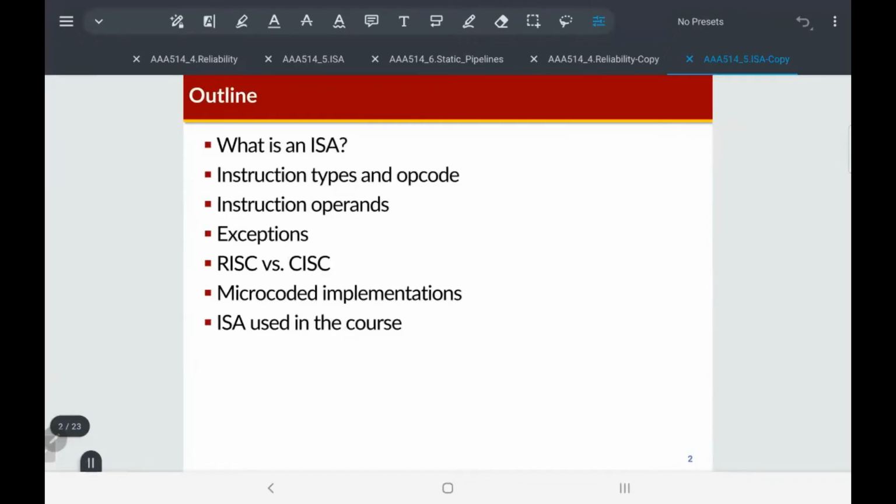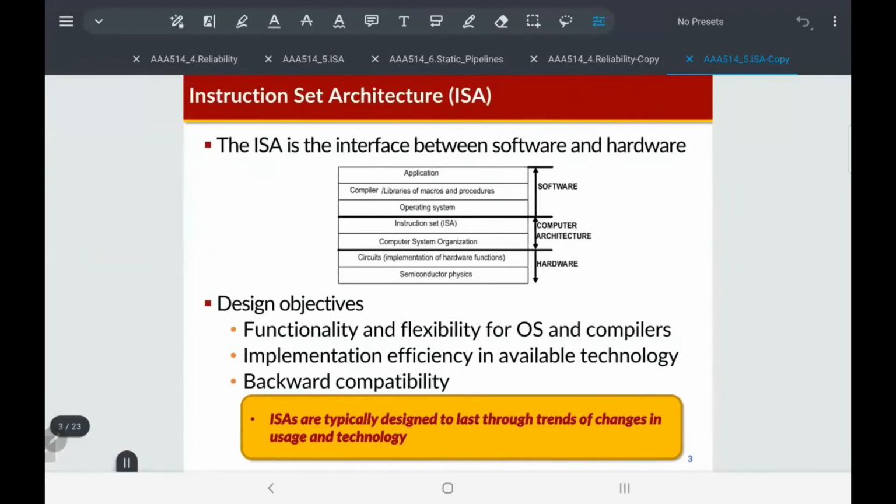I believe that most of you are familiar with the instruction set architecture because we learned about the ISA in the undergraduate course. So what is the instruction set architecture? When we define computer architecture, the area of computer architecture looks like this.